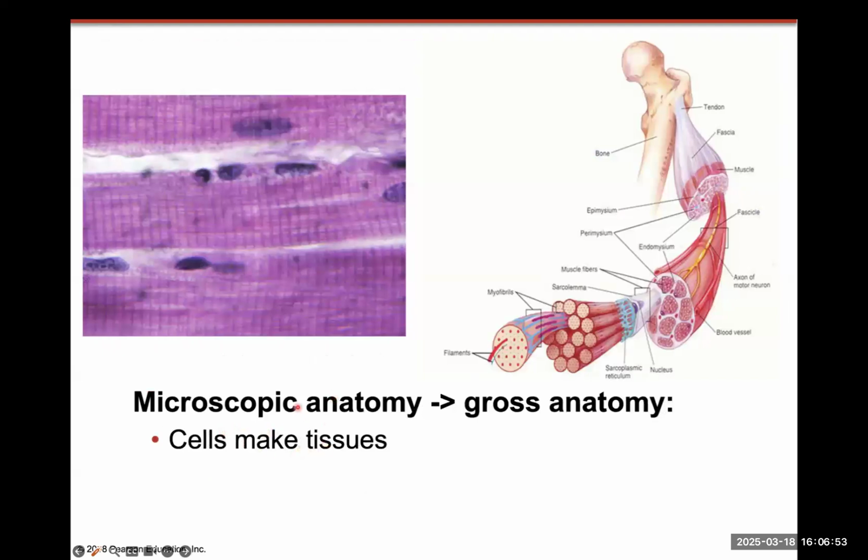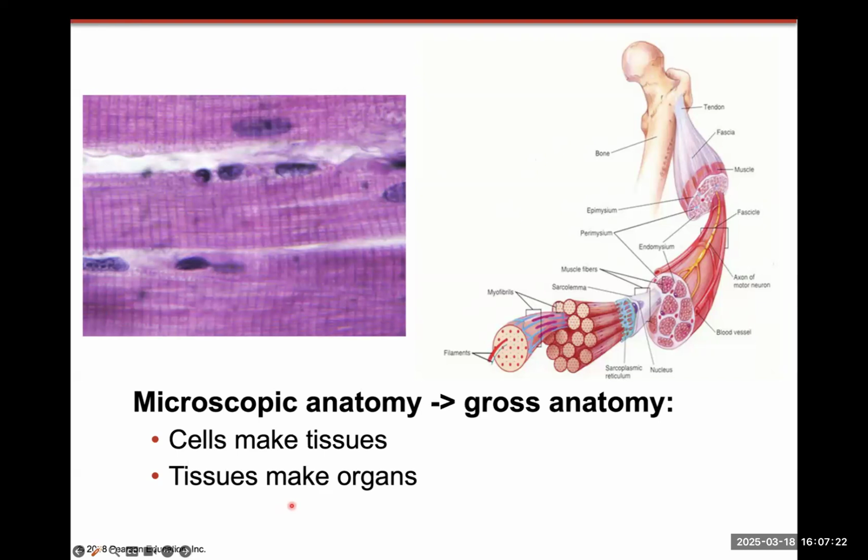So cells make tissues, and here this is showing a muscle tissue. And we have skeleton tissue, and epithelial tissue, which refers to your skin and related kinds of tissue. The word tissue here refers to a group of cells that have a similar kind of function. Cells make tissues, and tissues make organs. We're gonna get there.